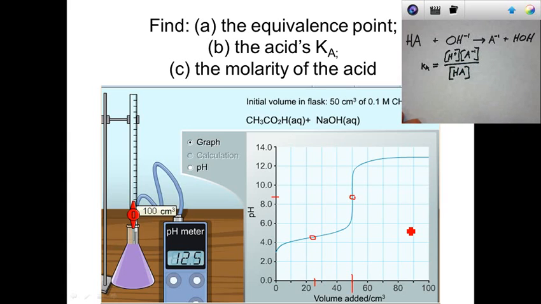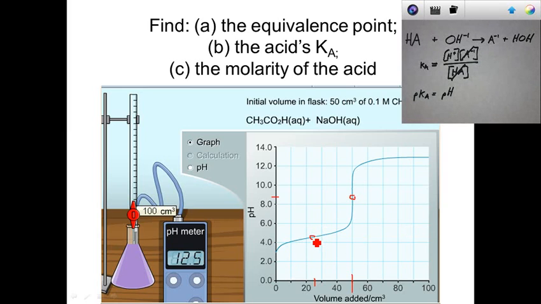However, we have to remember that halfway to the equivalence point, these two are equal to one another, and so they cancel out. What we're left with is Ka equals H, and if we take the negative log of both sides, we can say the pKa equals the pH. This is only true when we're halfway to the end point. So that's only true here.